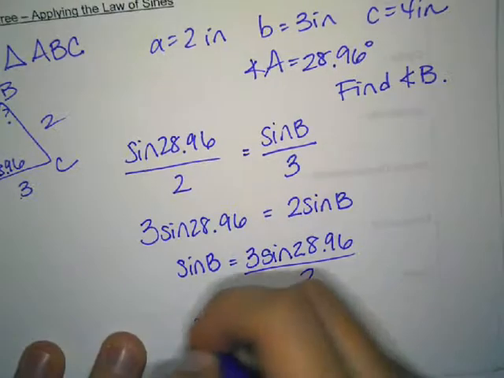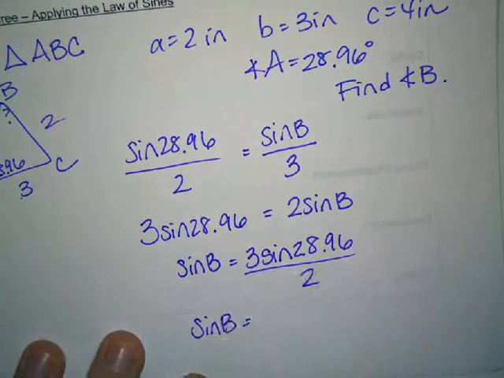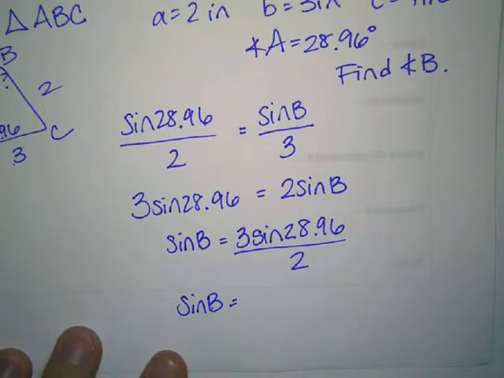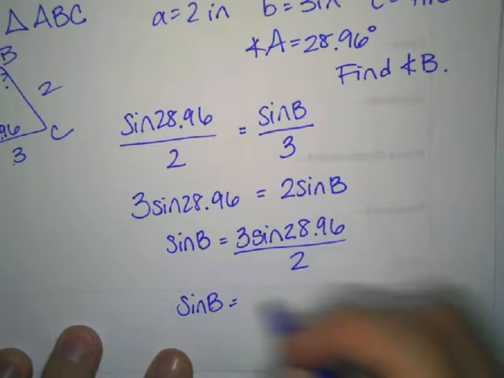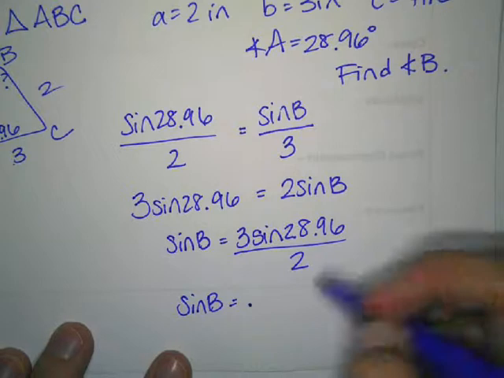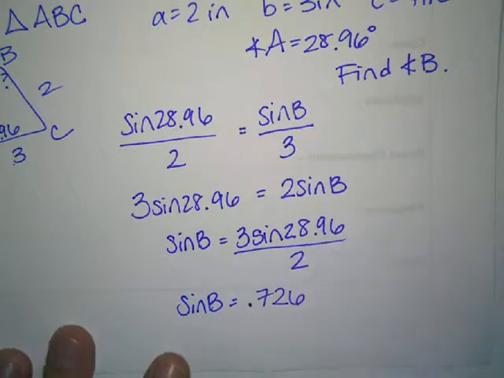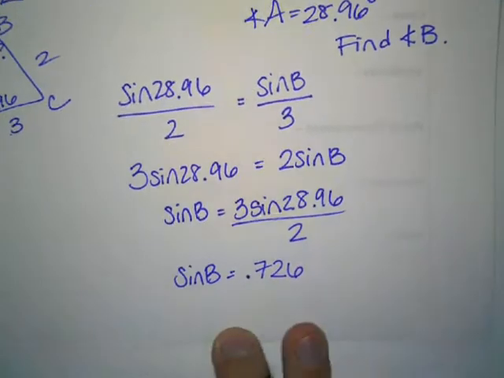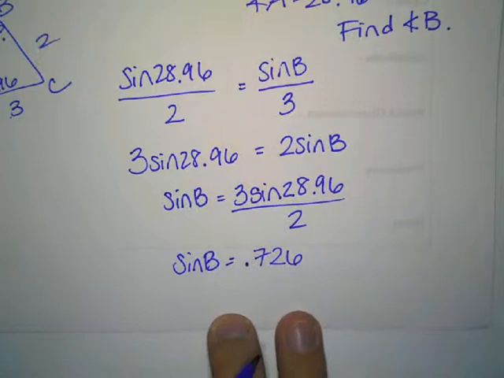What do you get when you punch that out? 0.726? Is that what you said? Yeah, 0.726. Okay. Now, inversing, not yet.